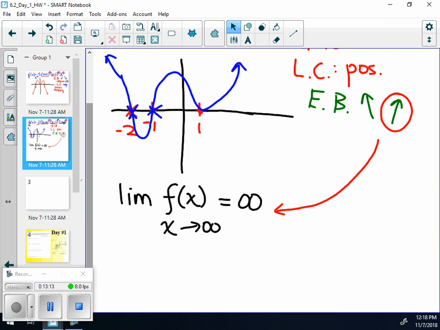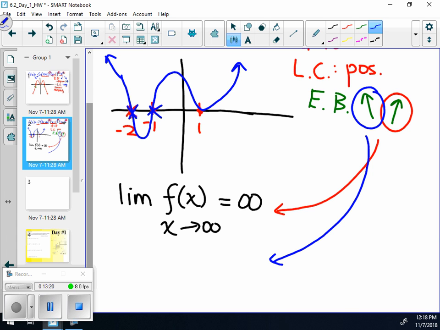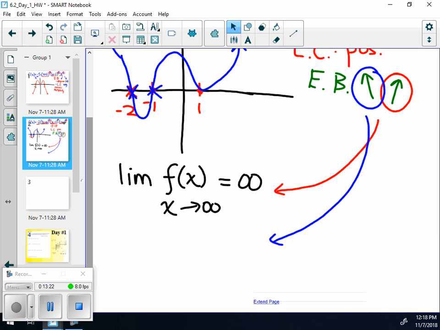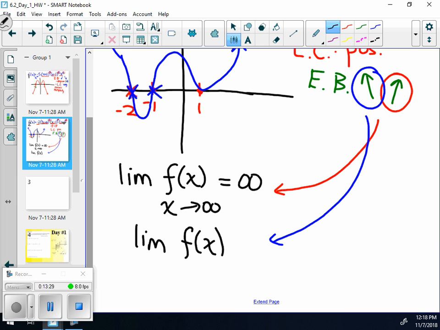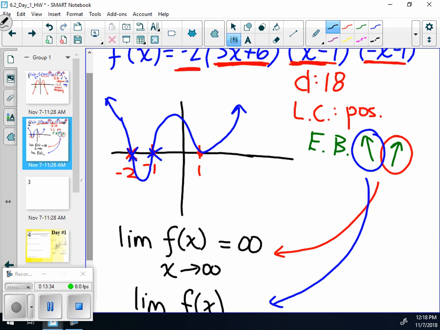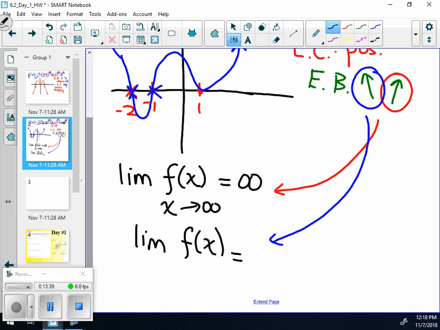If I wanted to do the same thing for this component of my end behavior, I'm going to start with the limit again. It's going to be the same function. And then where is it going to end up? Where is it shooting off to? Infinity. But at that point, what x value should I put?